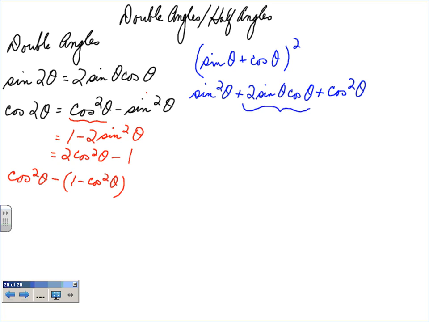You could turn this into sine of 2 theta, yes. What else? Sine squared plus cosine squared theta is 1. So I've turned that into one trig function: sine of 2 theta plus 1.